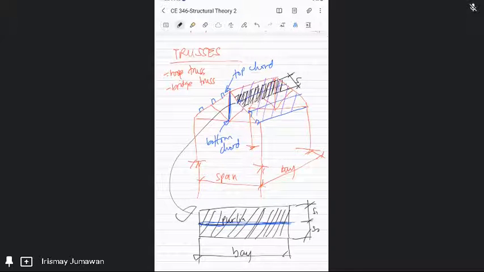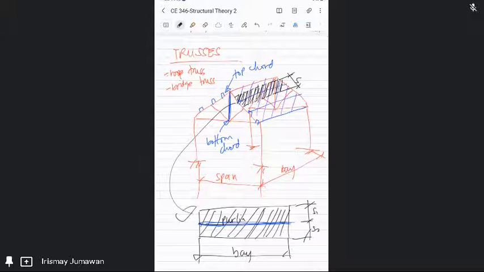Then for your truss, you have the bottom chord below. For the top chord, what loads does it carry? Your top chord can carry wind load, snow load, weight of the roofing, self-weight of the purlins, and live load. Those are the loads on the top chord.